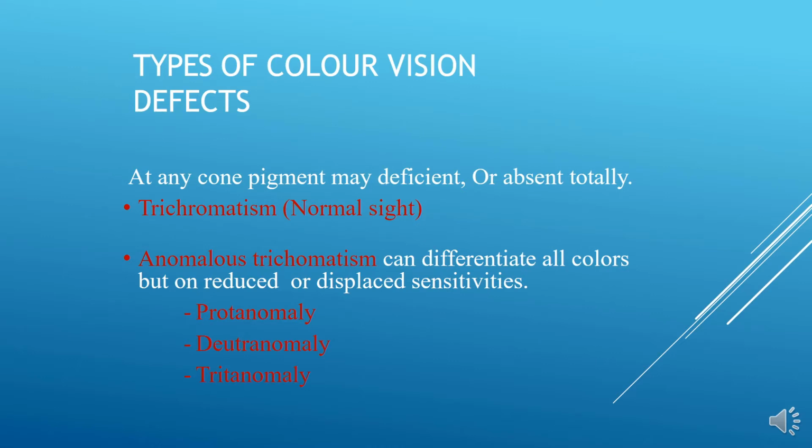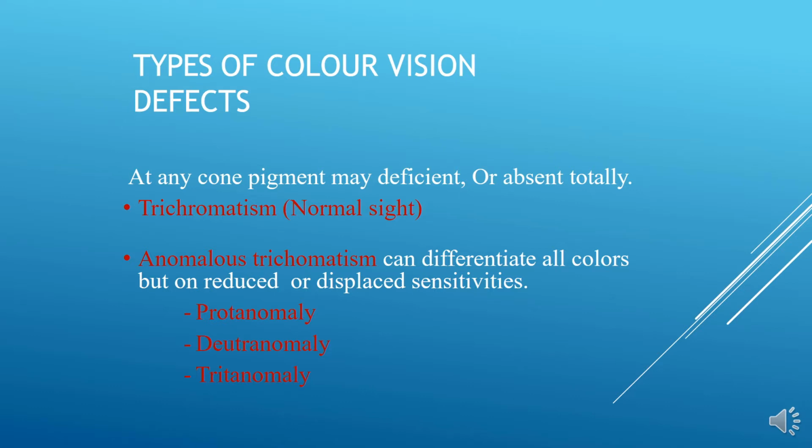So what are the different types of color vision defects? Any one cone may be deficient or can be absent totally. For normal sight, trichromatism, all the three cone systems are perfect. There's no deficiency, they are not absent. In anomalous trichromatism, they can differentiate all the colors, but the sensitivity is either reduced or displaced.